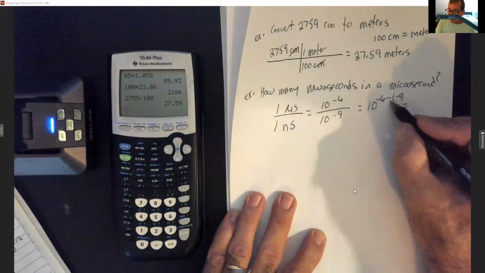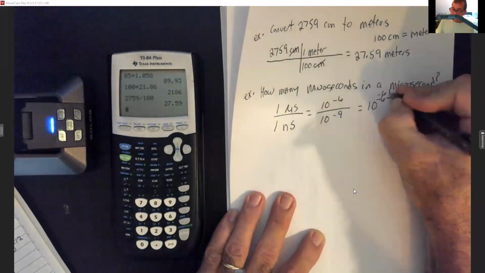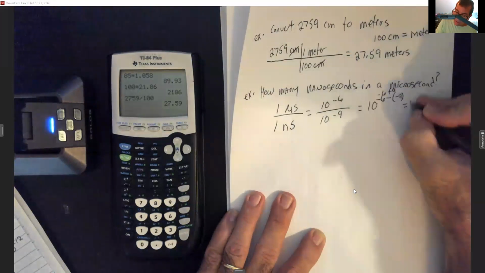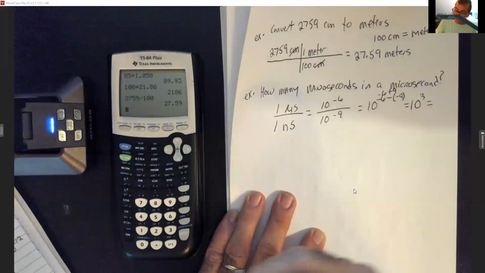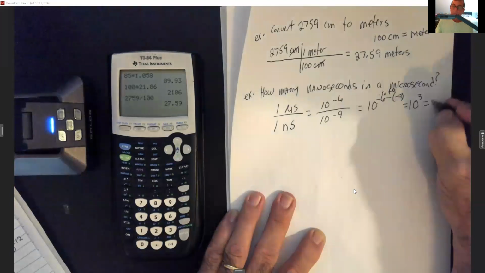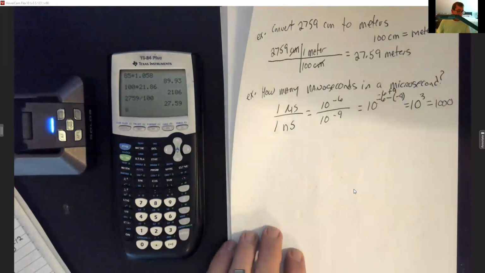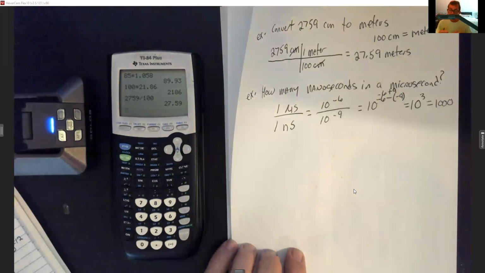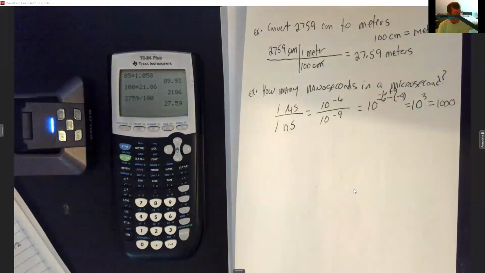Those two negatives make a positive, so you now have negative 6 plus 9. Negative 6 plus 9 gives me 10 to the third, and 10 to the third is equal to 1,000. So there's 1,000 nanoseconds in a microsecond. But we knew that because we said to go from a micro to a nano, you had to divide by 1,000 anyway, right?